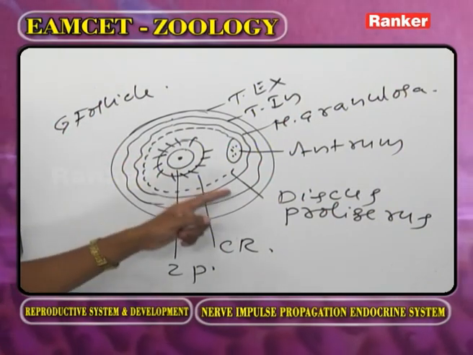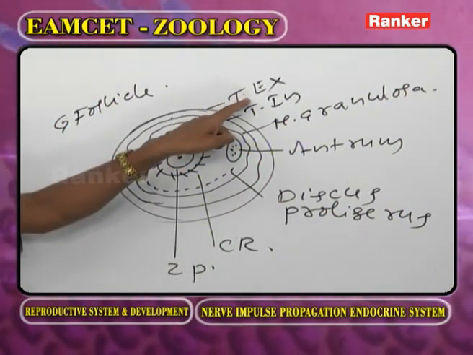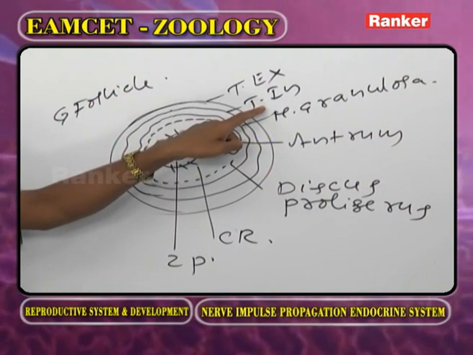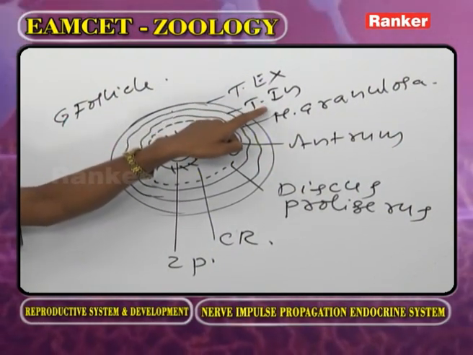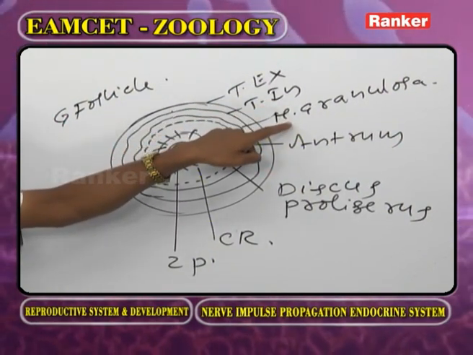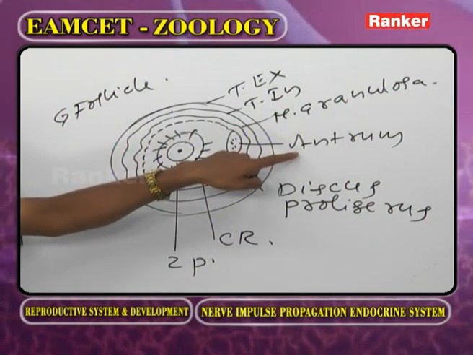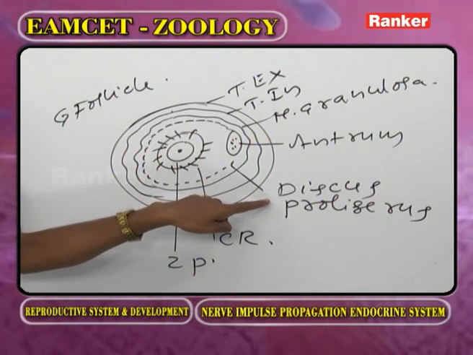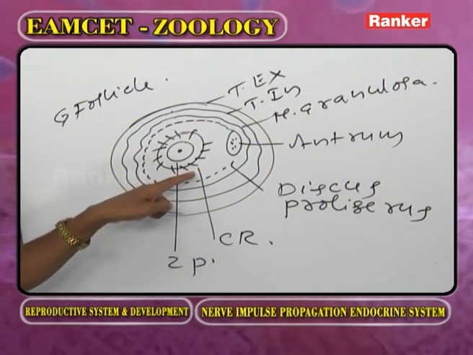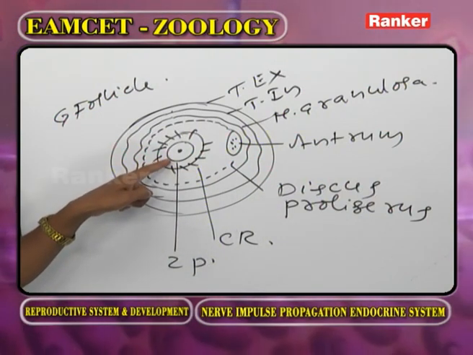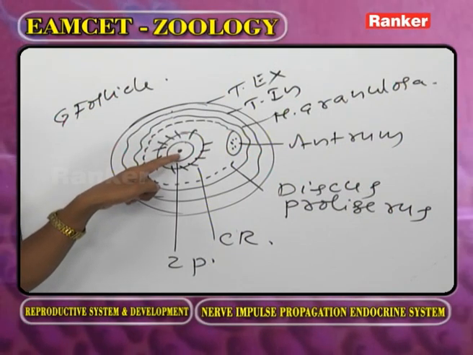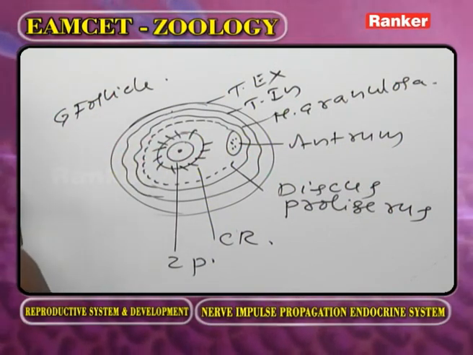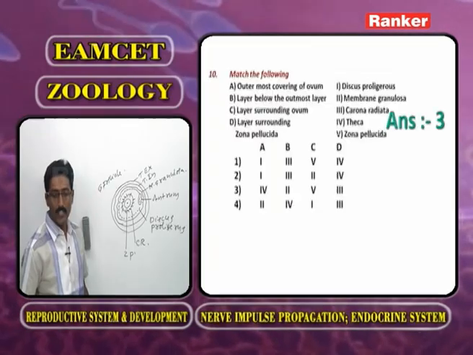So theca externa, followed by theca interna, followed by membrana granulosa, followed by the cavity antrum, followed by the nutritive material discus proligerus, followed by corona radiata, followed by zona pellucida, and this one we call the ovum or egg. Now we go for the next question.